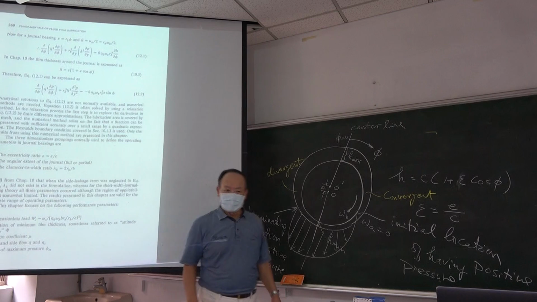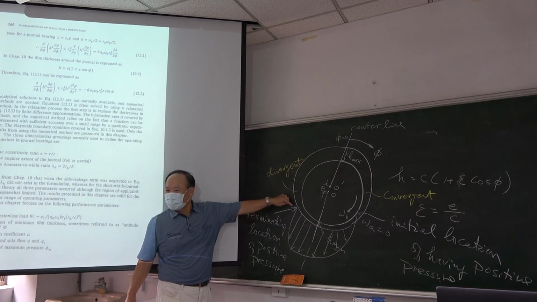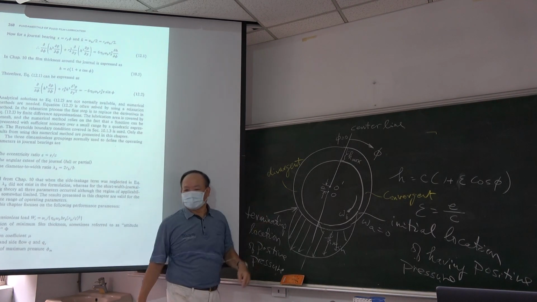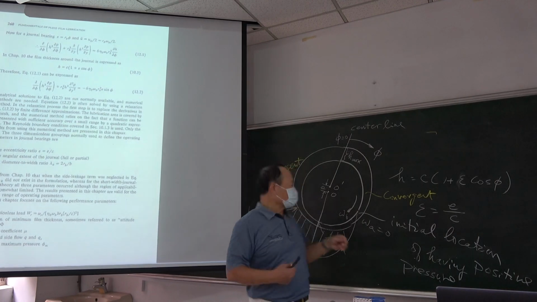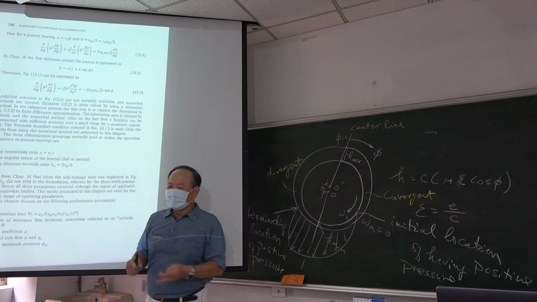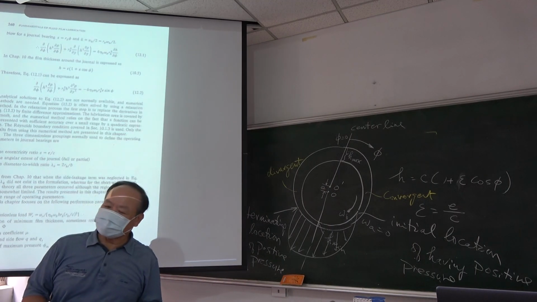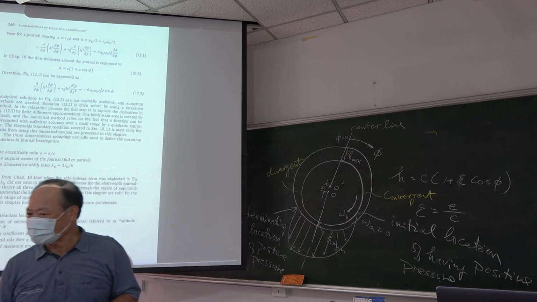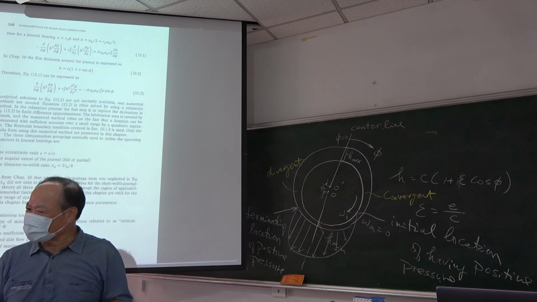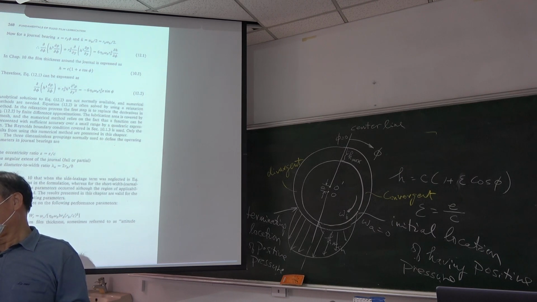Very important is how to determine this point. In the previous chapter, we determined the terminating point by three kinds of solution. One is the full Sommerfeld solution. The second is the half Sommerfeld solution, the Sommerfeld boundary condition. The third is the Reynolds boundary condition.